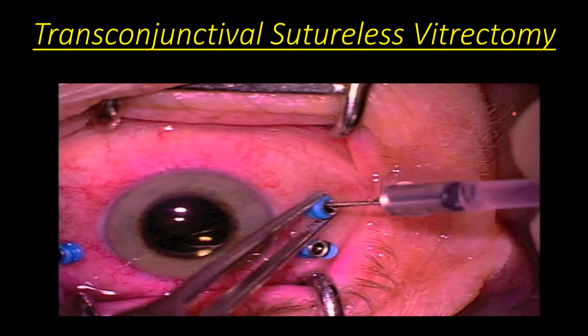Earlier we were using a 20 gauge needle, which is much bigger, but in this procedure we are using a 25 gauge. As a result, post-operative inflammation is decreased, there is rapid wound healing, and patient recovery is much faster.